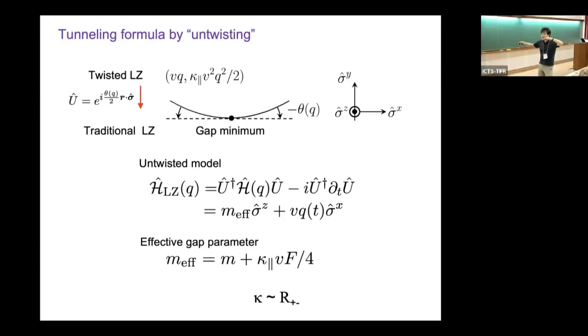If it's negative, the gap becomes small, and that's it. So on one side, your gap becomes larger, so the tunneling is suppressed. On the other side, it's the opposite, so the gap becomes smaller. You have more tunneling. And probably it's related to the chirality of our system.